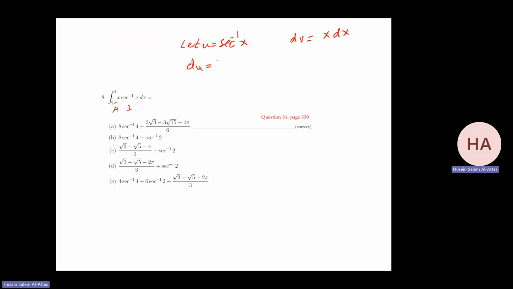If you remember, it will be dx over x square root of x squared minus 1, and v will be x squared over 2. I don't need the absolute value because it's from 2 to 4. So the integral will be x secant inverse of x from 2 to 4.